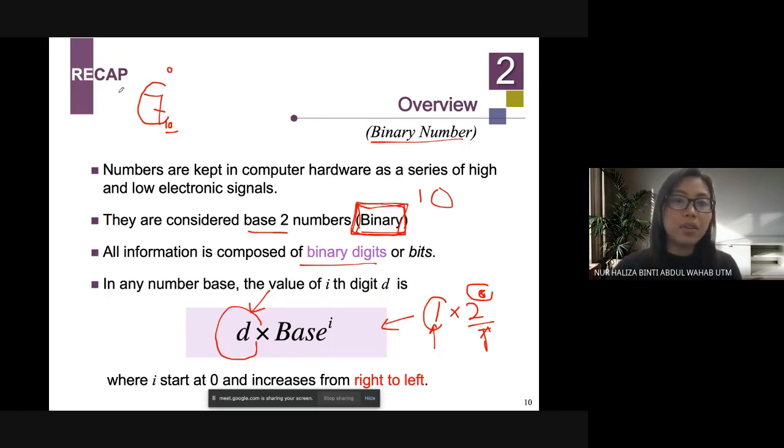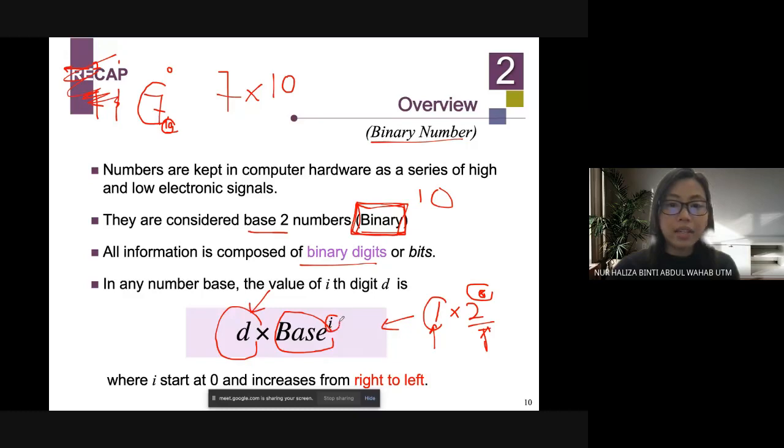If there is another digit over here, this one is the power of 1, and if there is another 7 here, it is the power of 2, until power of 3, 4, and so on. I just pick this 7 because this is my favorite number. 7 times my base. The base is 10.